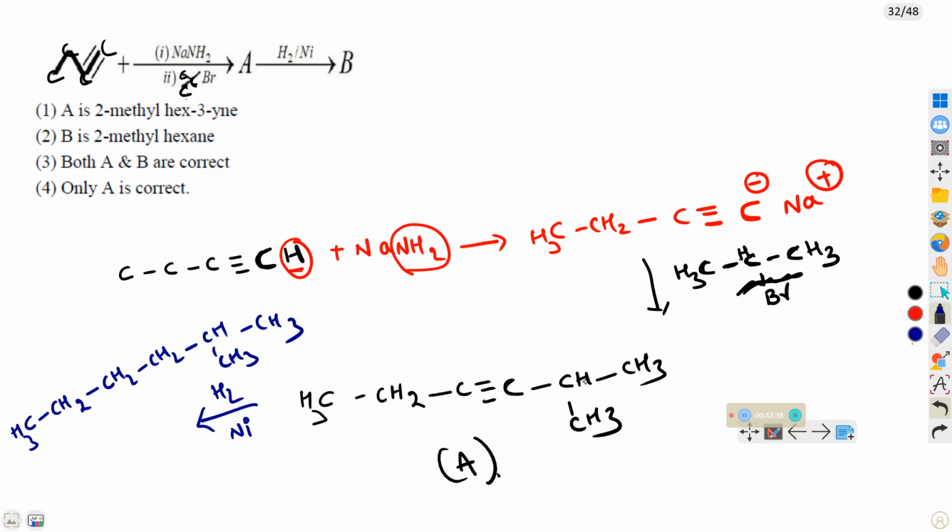Check the name of A: 2-methyl, meth, eth, prop, but, pent, hex, hex-3-yne, correct. B, 2-methyl hexane, correct. Both A and B are correct? Only A is correct. The third option is correct.